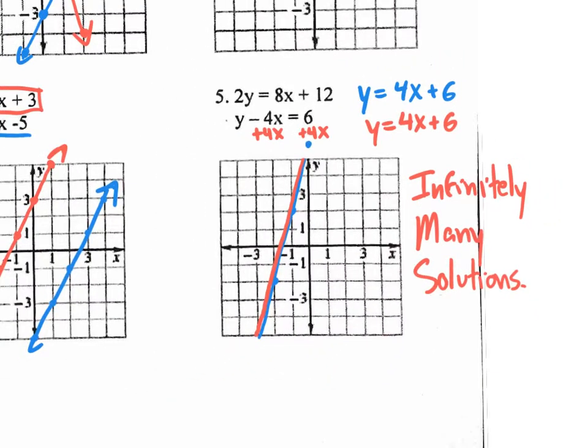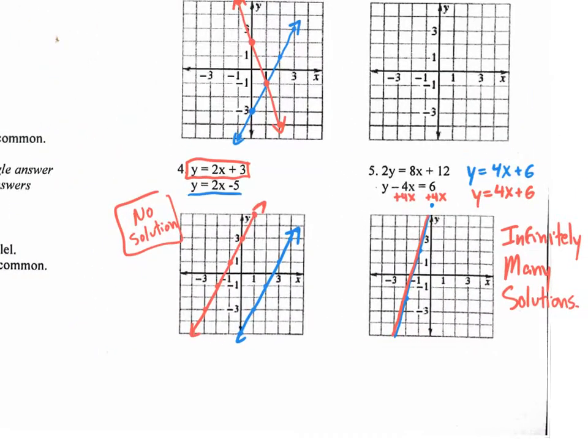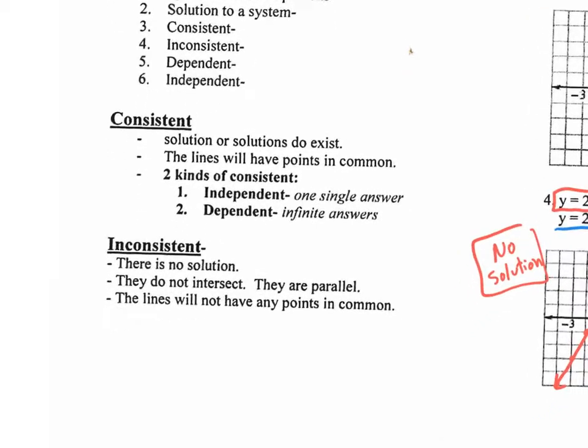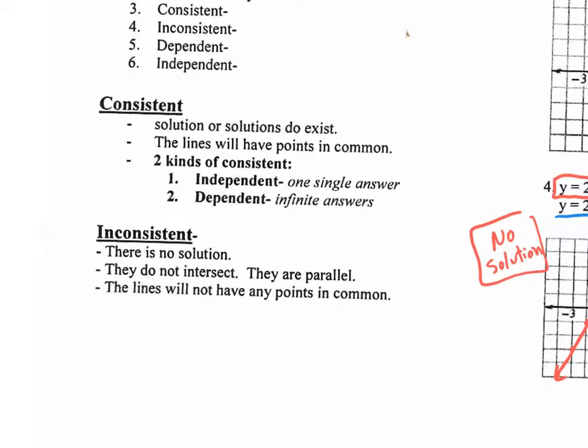Okay, that kind of brings us back to the vocabulary over here. There's two types of systems. There's when they ask you to classify, that is. There's consistent systems. That means that there is a solution or solutions. They do exist. And there's two kinds of consistent systems.